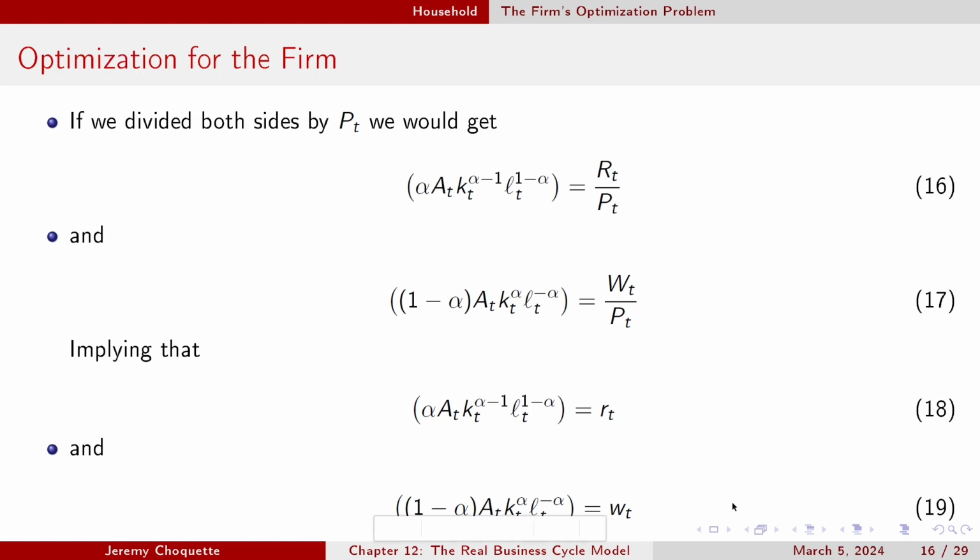So equation 18 is a restatement of equation 16, and equation 19 is a restatement of equation 17. So now I have the real interest rate being equal to the marginal product of capital. And I also have the real wage rate being equal to the marginal product of labor.